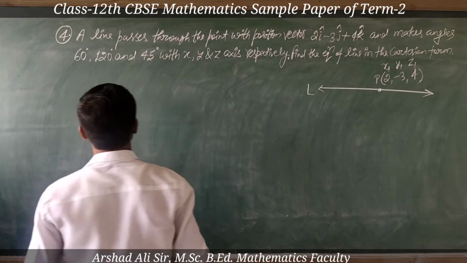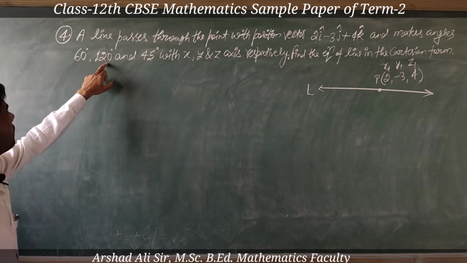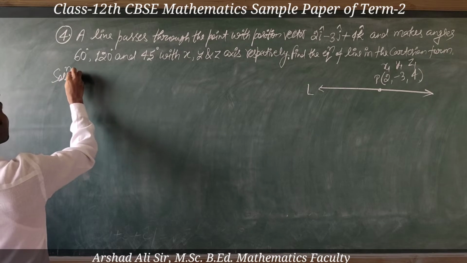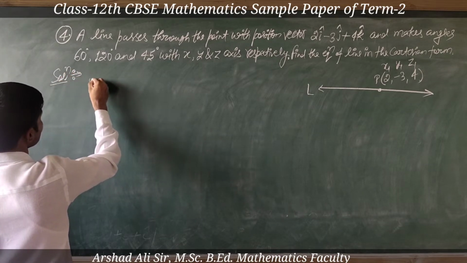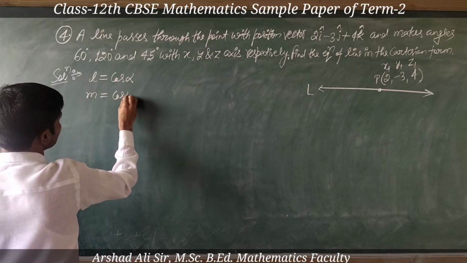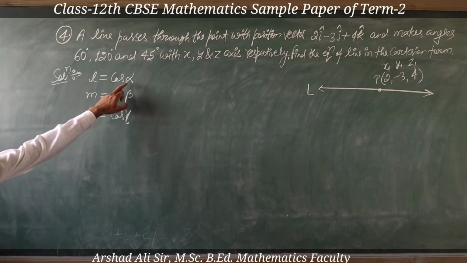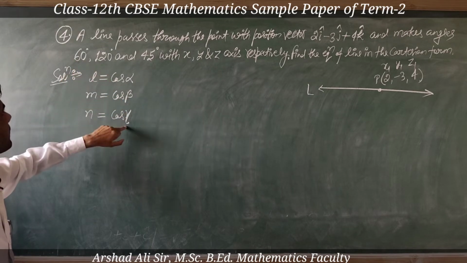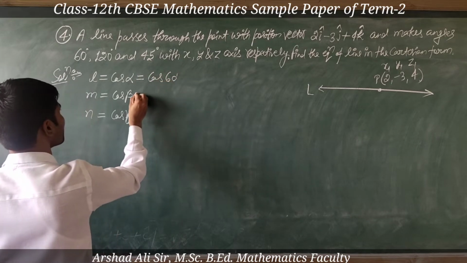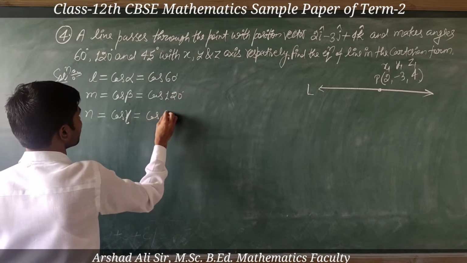And in this question an important thing given is makes angle 60 degree, 120 degree and 45 degree. It means these are cosines. Okay, so here we can write l is equal to cos alpha, m is equal to cos beta and n is equal to cos gamma. Alpha is the first one, beta is the second one and gamma is the third one. So we can put the values cos 60 degree, cos 120 degree, cos 45 degree.